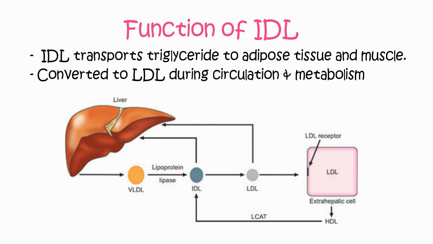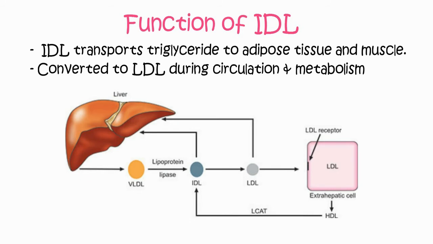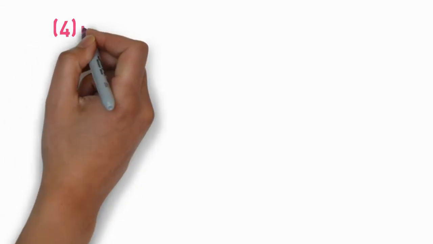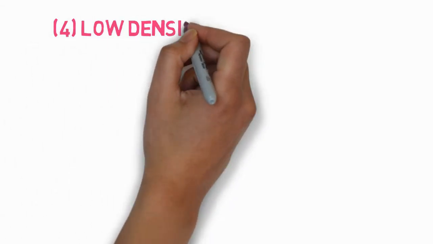You can see here in this figure, the VLDL upon the action of lipase form IDL, which is converted to LDL, and then it is transported to the extrahepatic tissues, and from there it is converted to HDL, and then LCAT converts it back to IDL, which goes back to the liver.